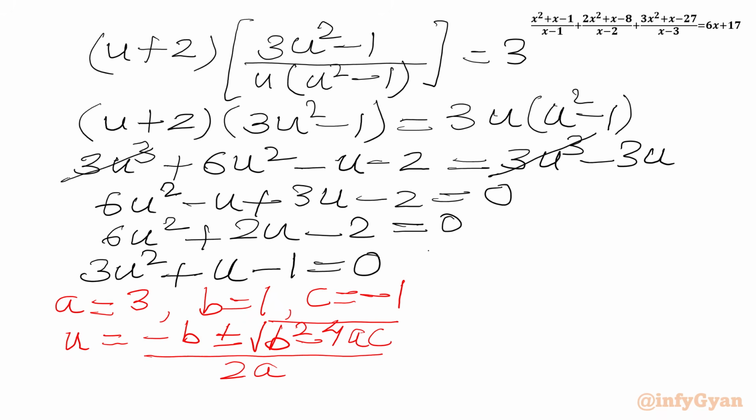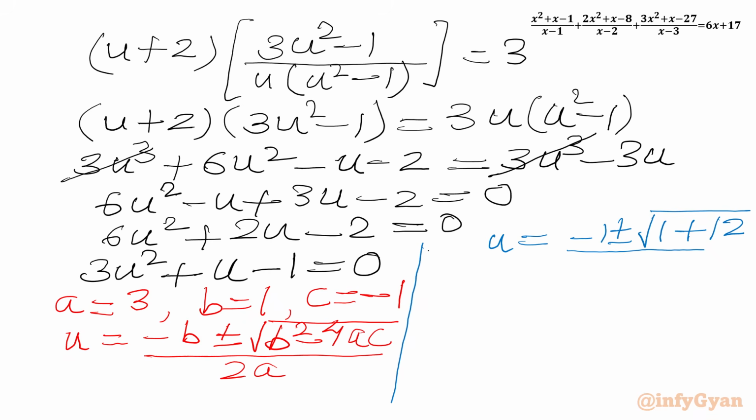Now we'll be plugging all the values of a, b and c. So I can write the value of u will be equal to minus 1 plus minus a square root of 1 square is 1 minus 4 times 3 times minus 1 is plus 12. And in denominator 2 times a, 2 times 3 is 6.